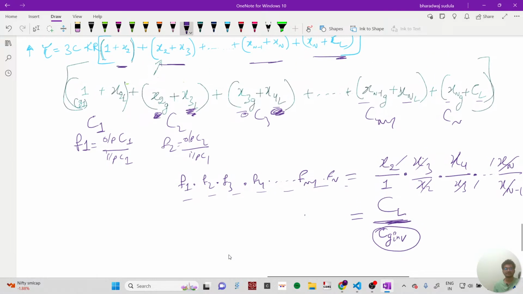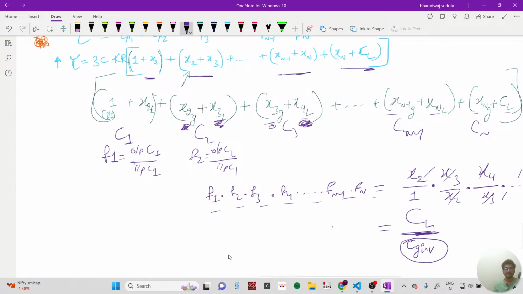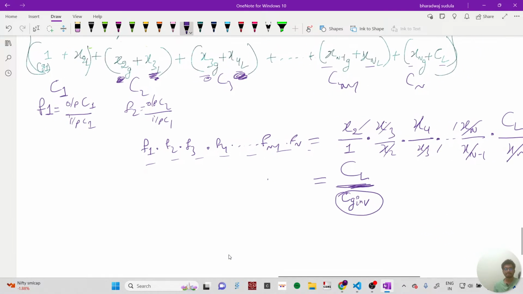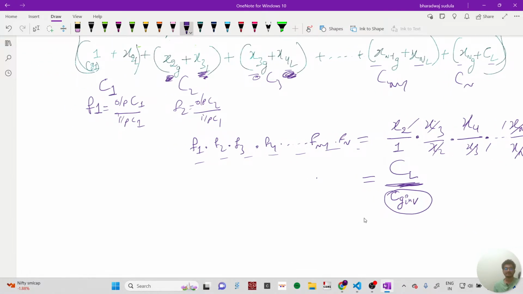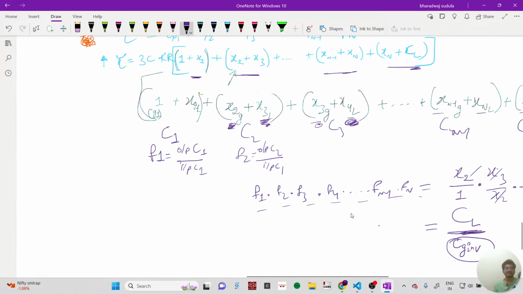So what will be the expression? Yeah, so this is a relationship, right? What we eventually want is this is tau, this is multiplied by some k, R, some 3C, right?